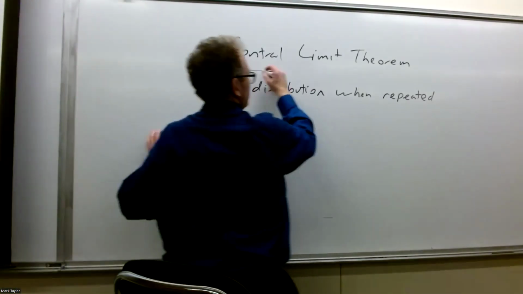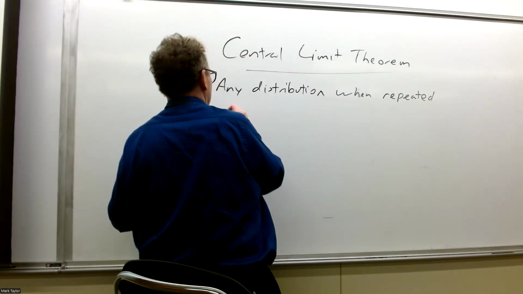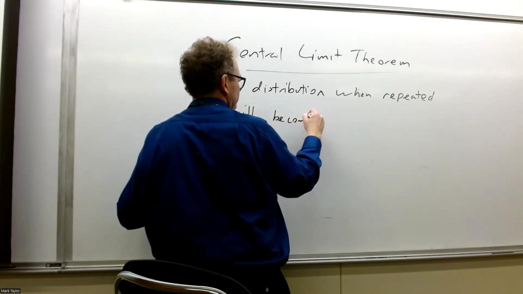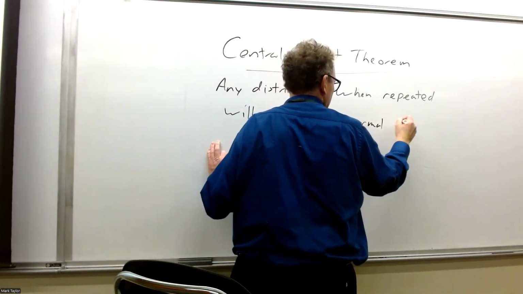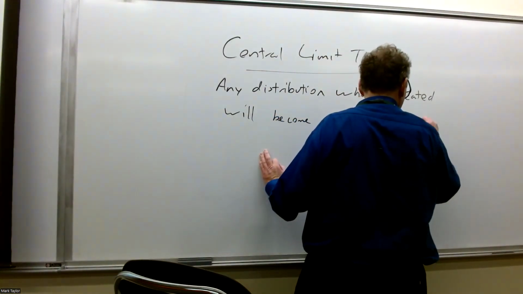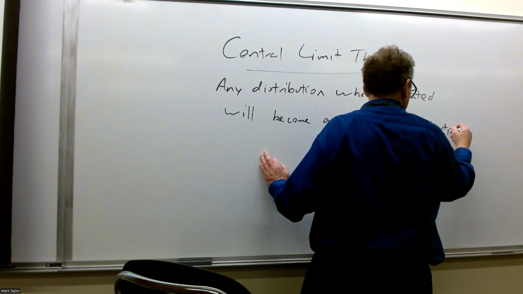So central limit theorem, any distribution when repeated will become a normal distribution. And the normal distribution is nice because we have all kinds of formulas for it.